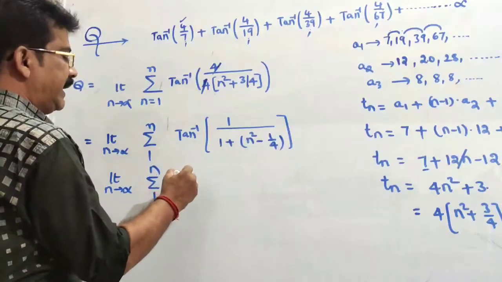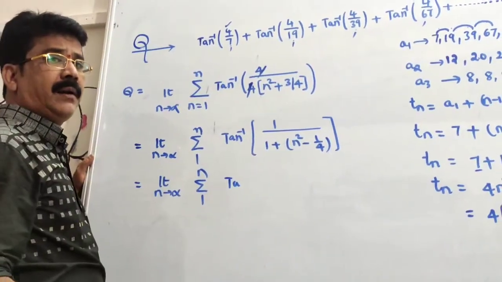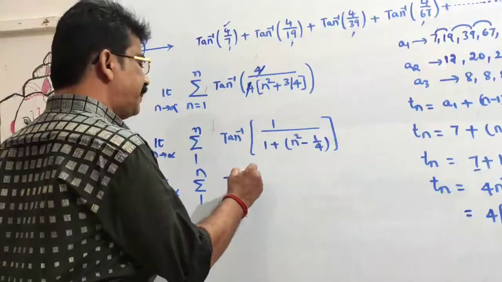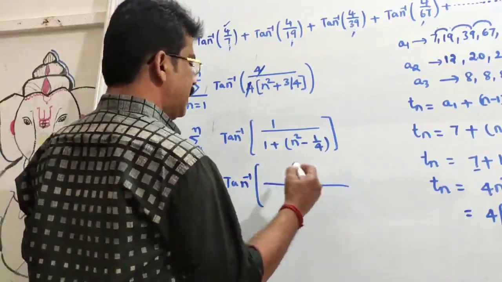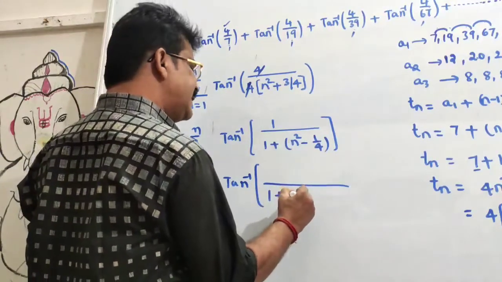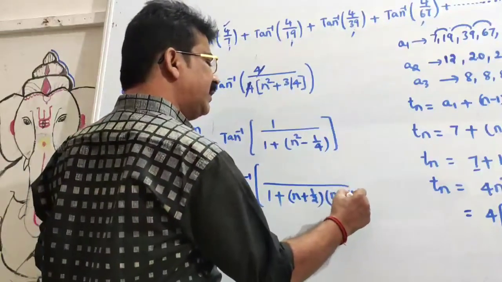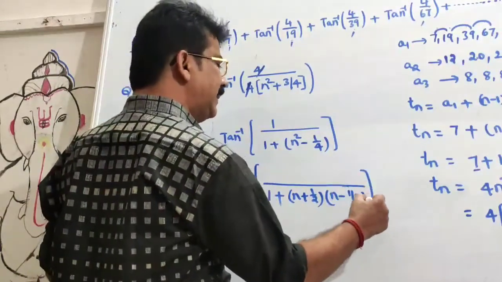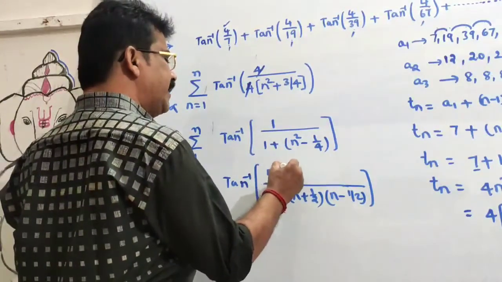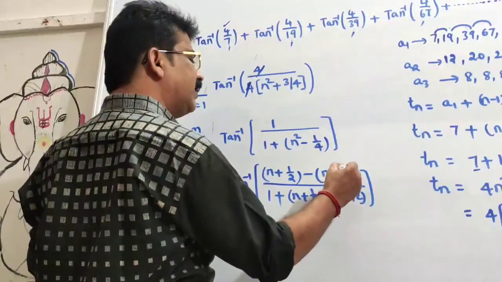To obtain the formula tan inverse of x plus y divided by 1 minus xy, or x minus y divided by 1 plus xy. That's why I am trying to obtain that formula. So the denominator is 1 plus n plus 1 by 2 into n minus 1 by 2. Next, in the numerator 1 is there, that's why it can be n plus 1 by 2 minus n minus 1 by 2.